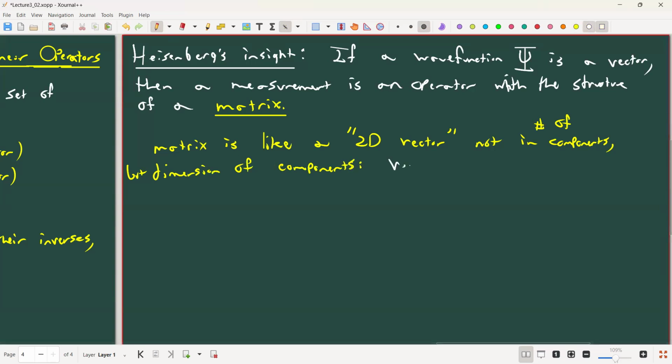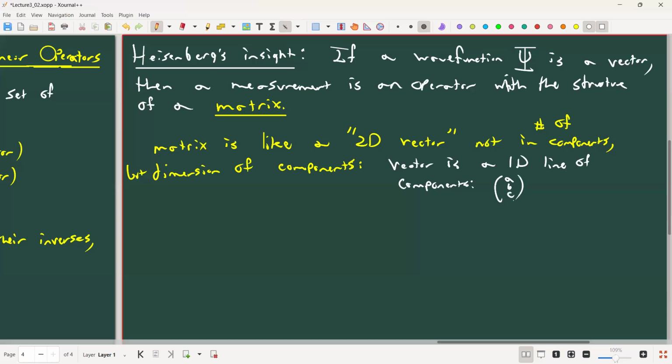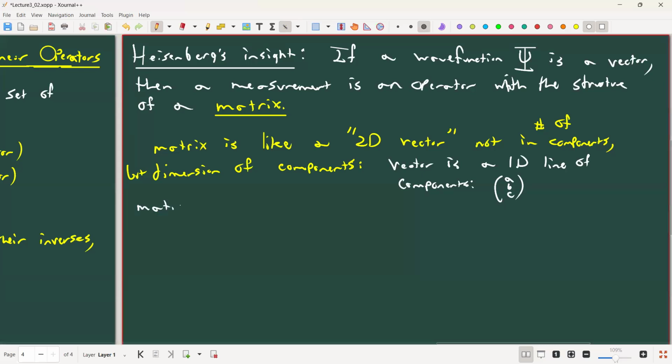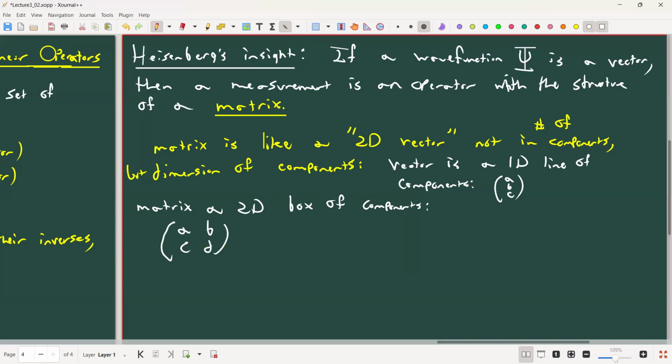A vector is a 1D line of components. It's A, B, C, and so on and so forth. So you can just list them in a line, a column effectively. A matrix is a 2D box of components. It looks something like this instead: A, B, C, D.